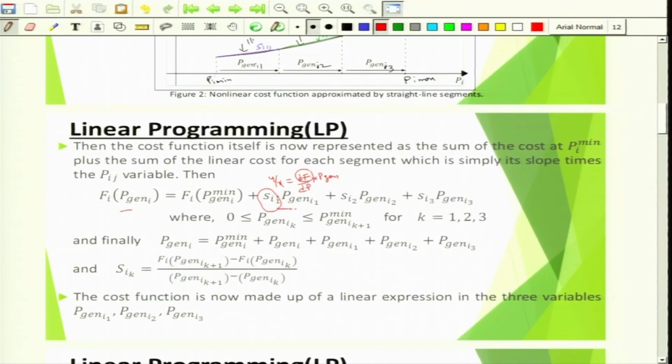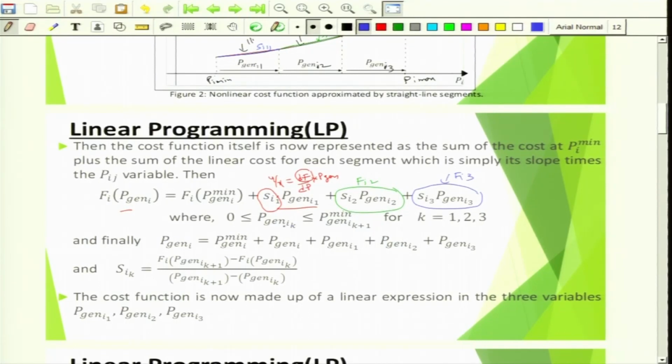That means this is the cost of the ith generator at segment 1. Next, this is the cost of the ith generator at segment 2, you can call it Fi2 for simplicity, and this whole function will give the cost of the ith generator at segment 3.